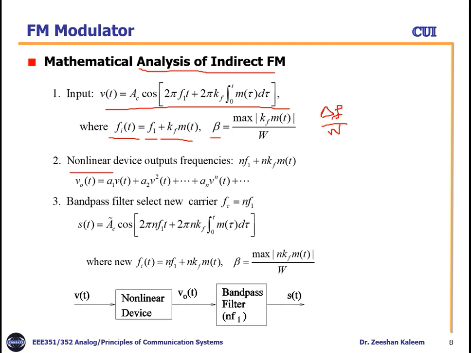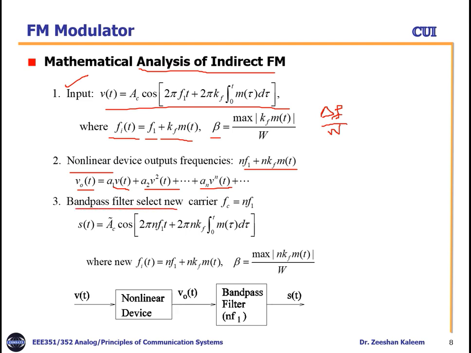So the second step is the non-linear device. When we input this narrowband FM generator to the non-linear device, it will generate NF1 plus NKFM T. This is the expression for the non-linear device output. It generates the linear, squared, till the n-th term. We need one of these n terms, so we need a filter.